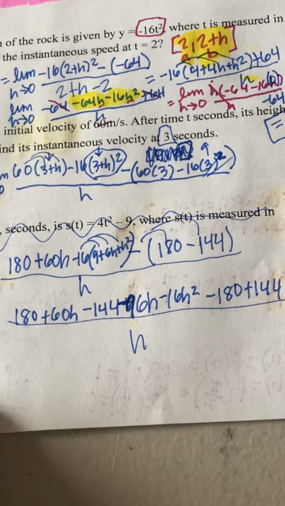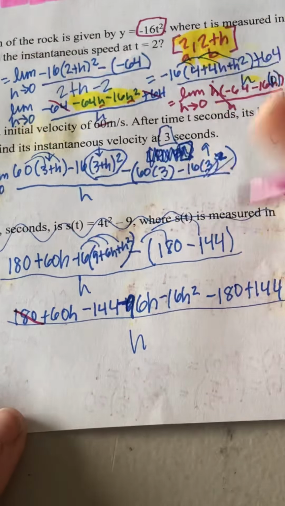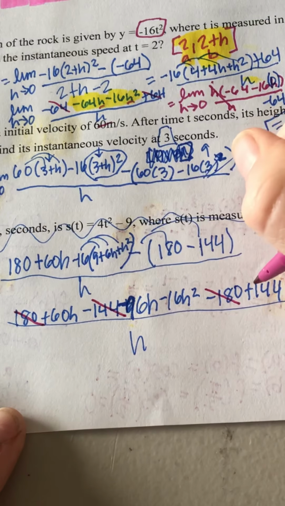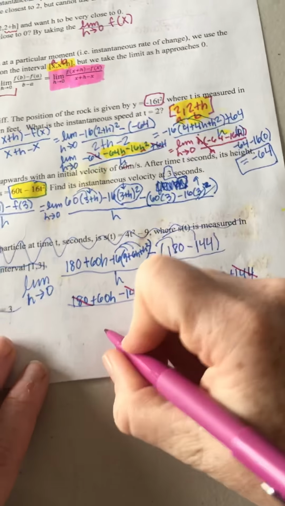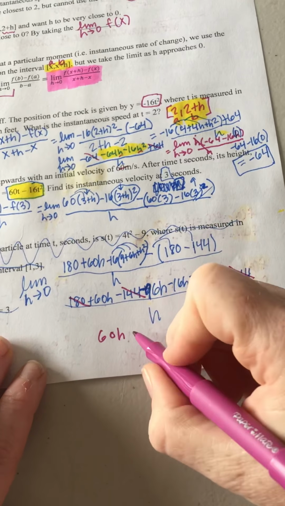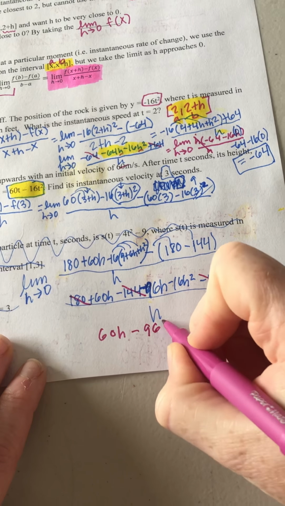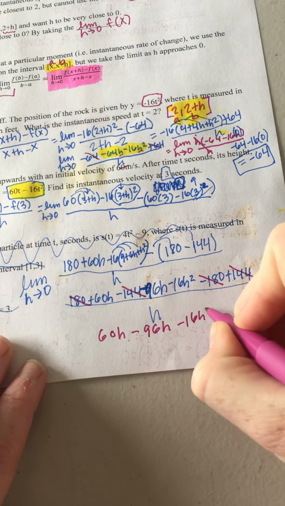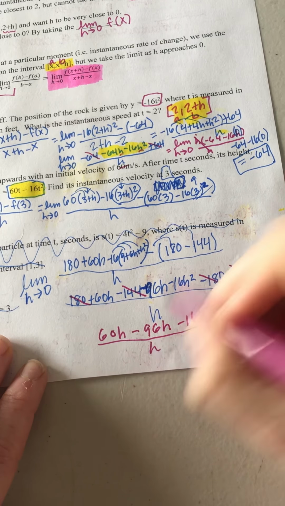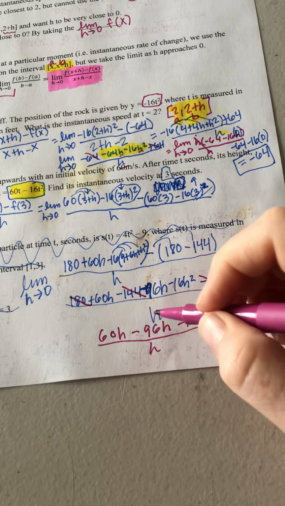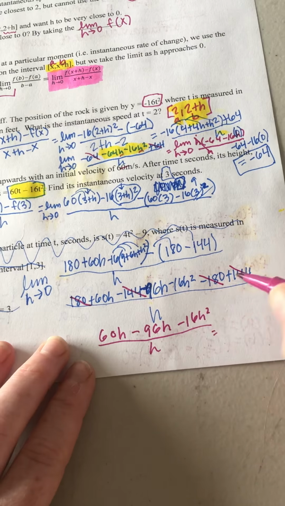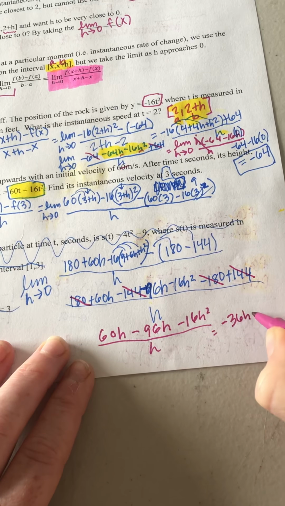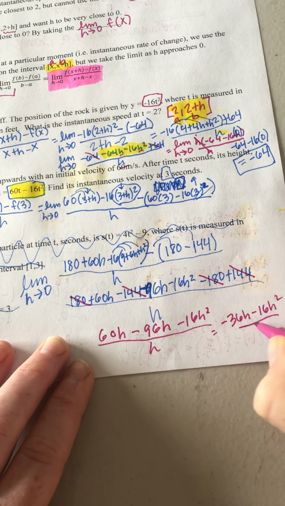As you can see, obviously your numbers should cancel, or there's no way we're going to be able to take the limit. So now we're at 60h minus 96h minus 16h squared all over h. Combine those, 60 minus 96, so negative 36h minus 16h squared all over h.